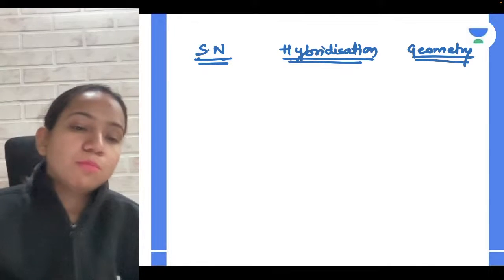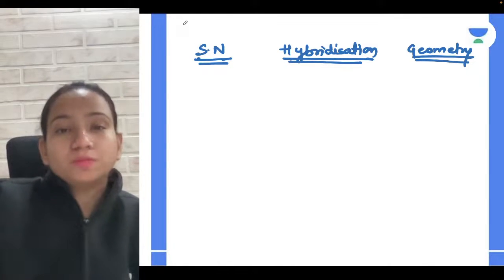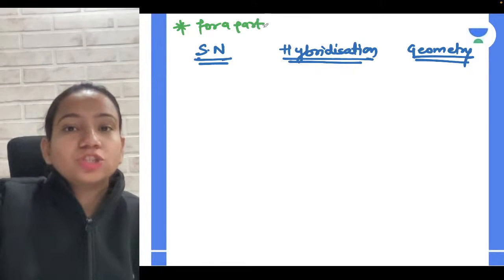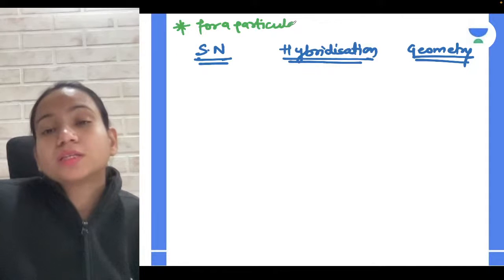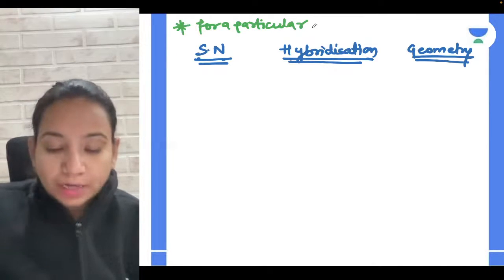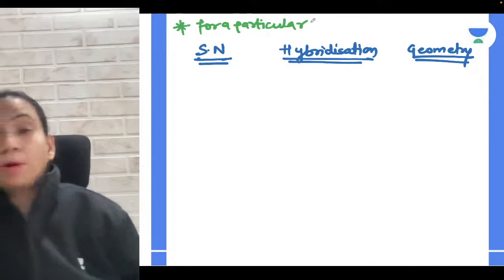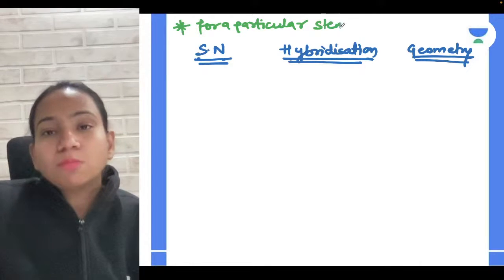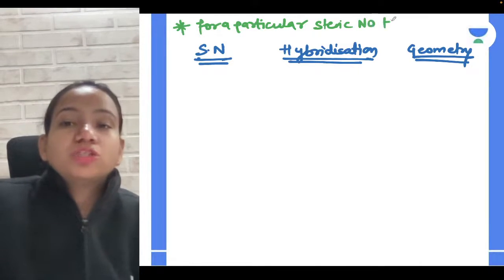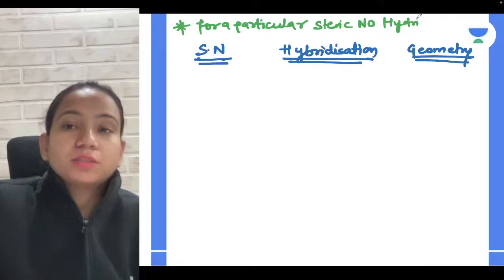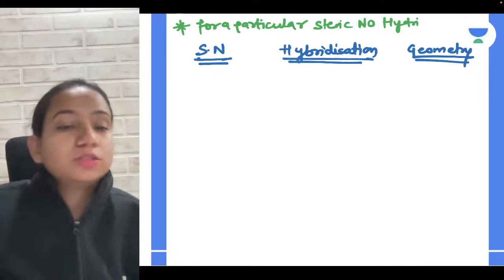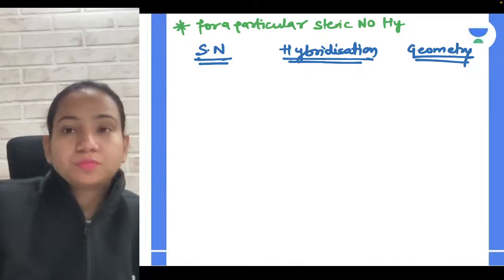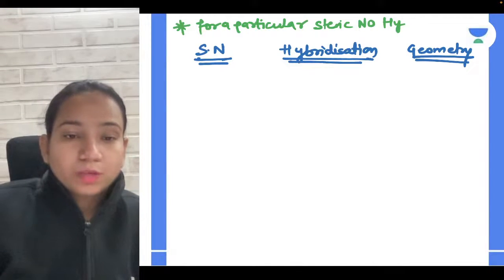Shape can change, even bond angle can change, but hybridization and geometry are always the same. This is very important. Always remember. So we have written that.